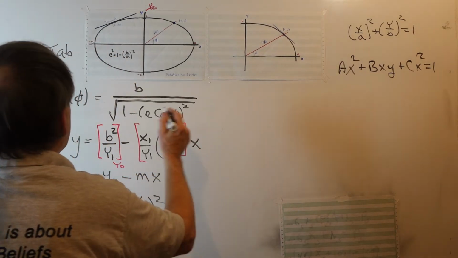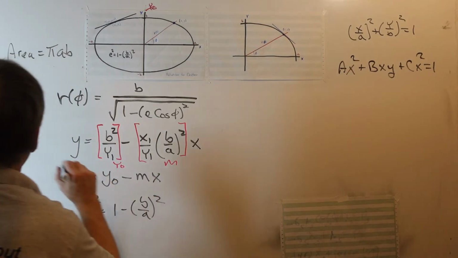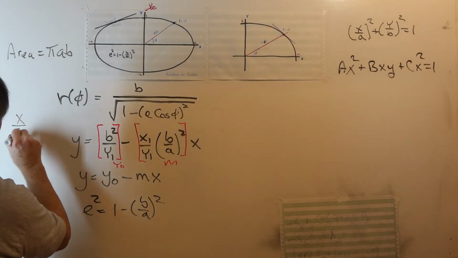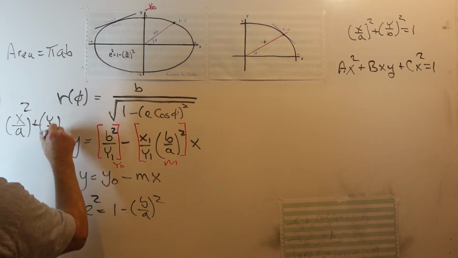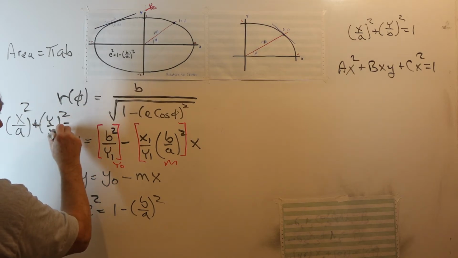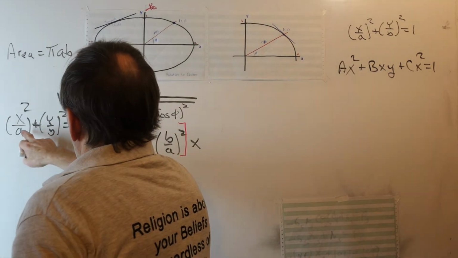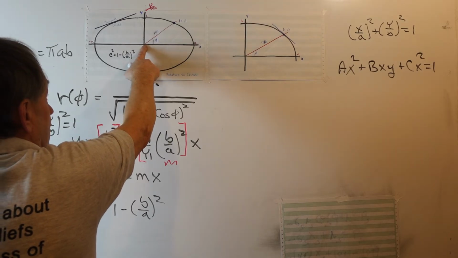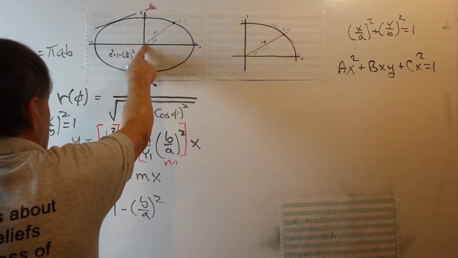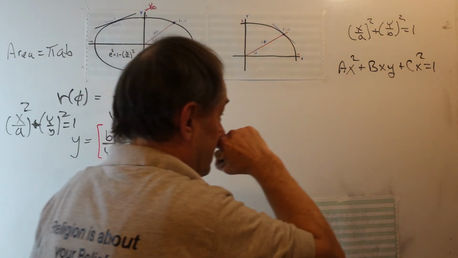The fact that we had the equation of the ellipse being x over a squared plus y over b squared equals 1 means that we have the center of the ellipse on the origin of the xy axis, so we don't end up with cross product terms.